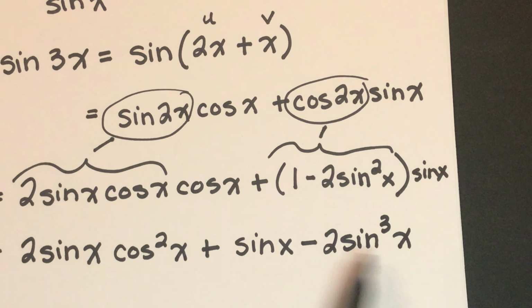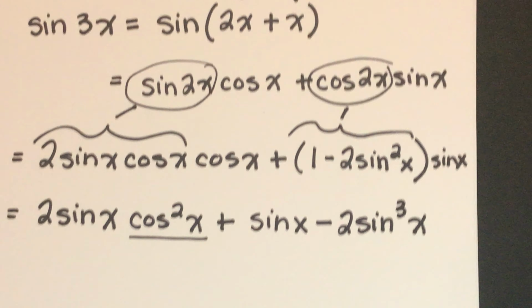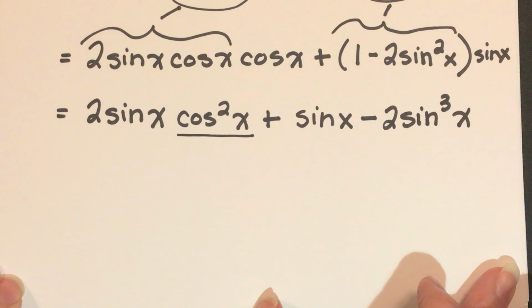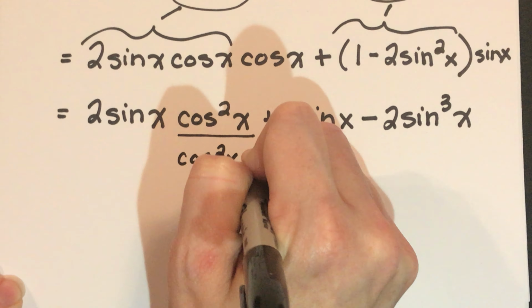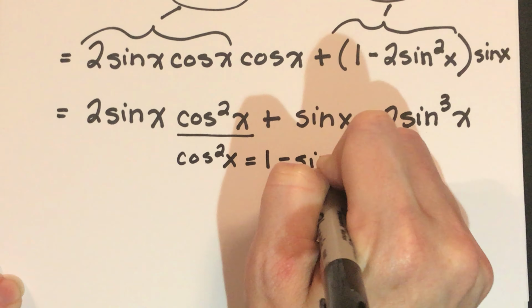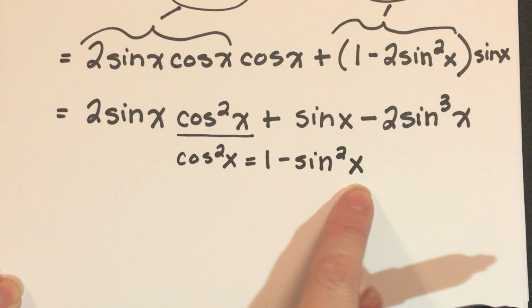Okay, so everything is in sine except for this. But if you remember your trig identities, remember cosine squared x equals 1 minus sine squared x. So we can turn this into this.